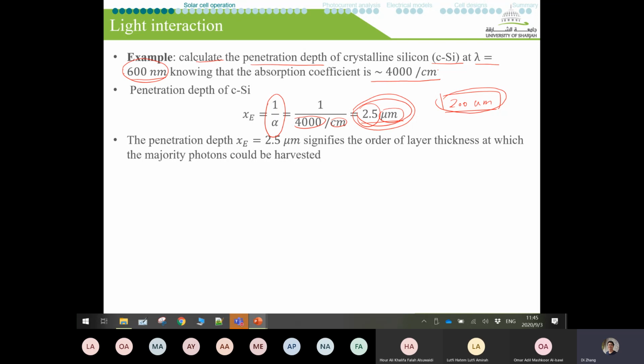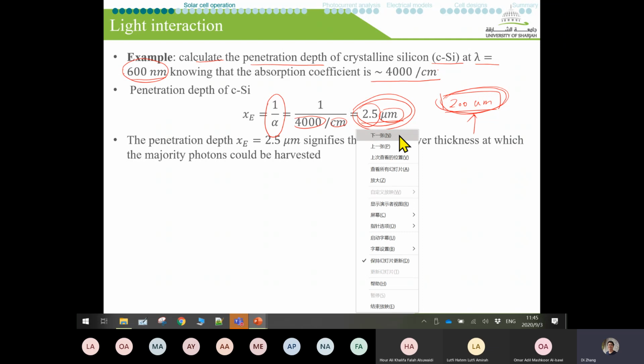However, when we design the solar cell, what we have in mind is the whole solar spectrum. We want to maximize our input from there. In that case, the 100 micrometer range is more reasonable for capturing the whole solar spectrum. So that should be a simple example to begin with.